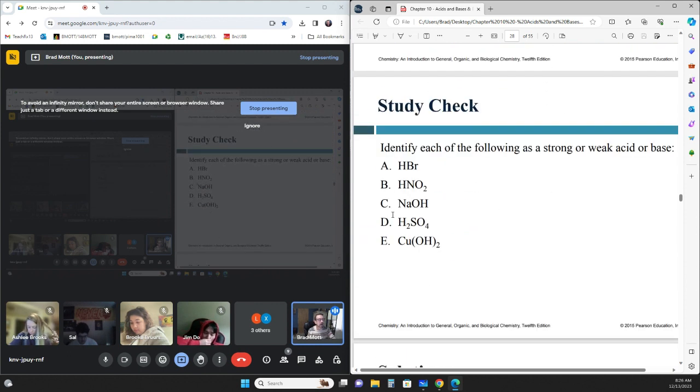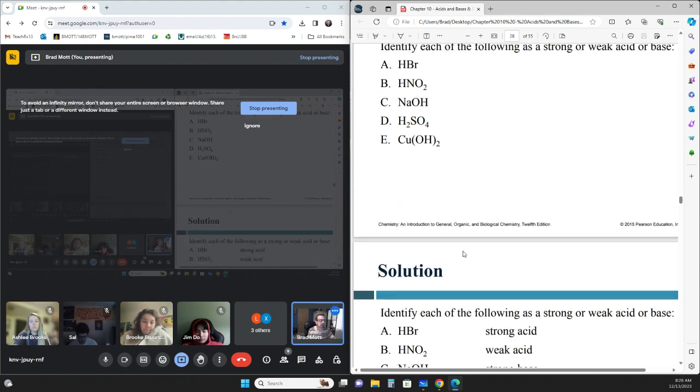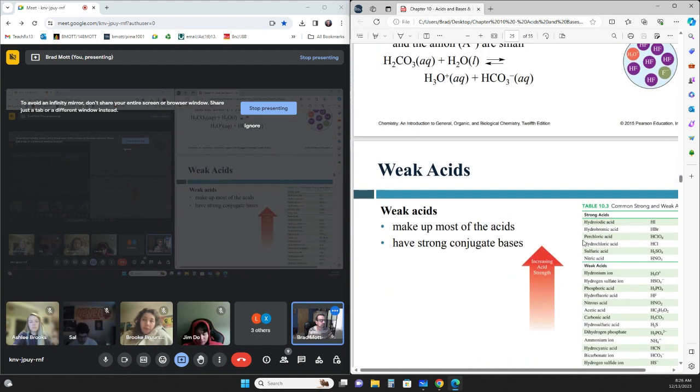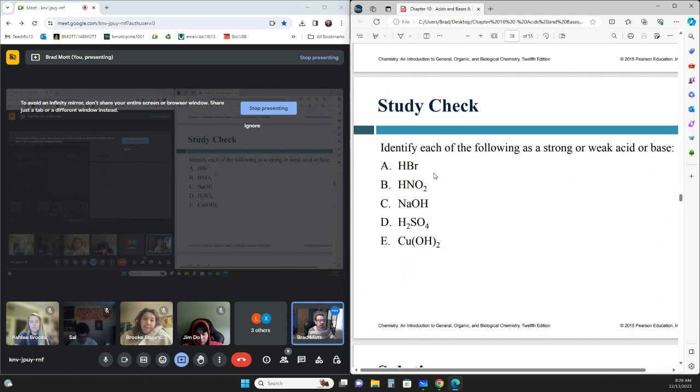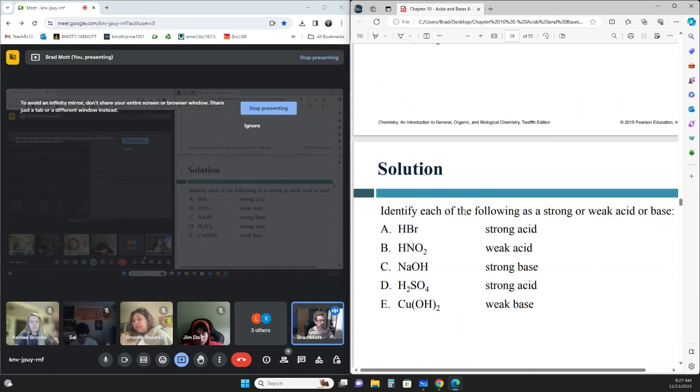So, I don't expect you to memorize these, but the concept is that there are strong and weak acids, strong and weak bases, and that you have a chart that will tell you whether or not something is a strong or weak base.